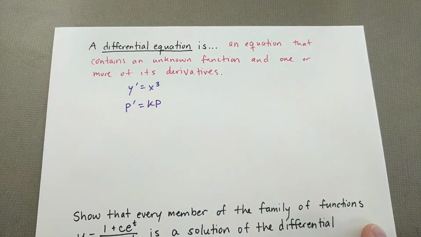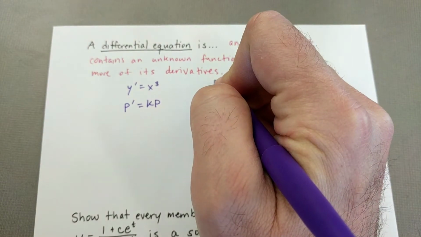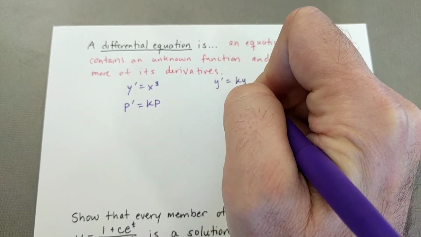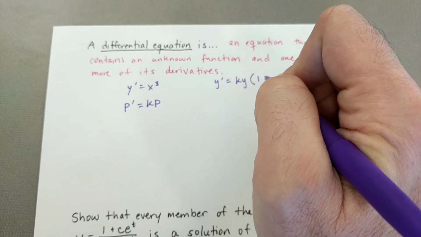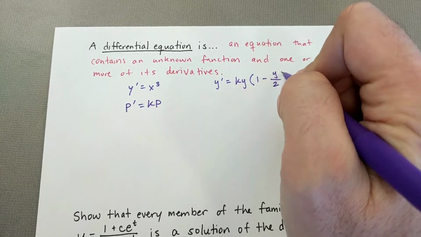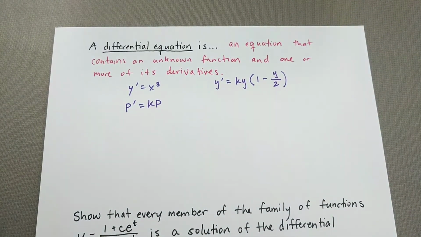So that's interesting. There are other ones, like y prime equals k y times (1 minus y over 2). There y pops up a couple of times. These are forms of pretty famous differential equations, so we'll see these pop back up later on in life.